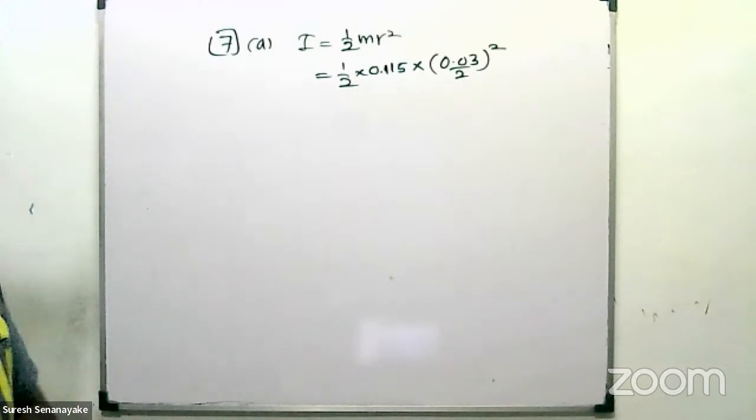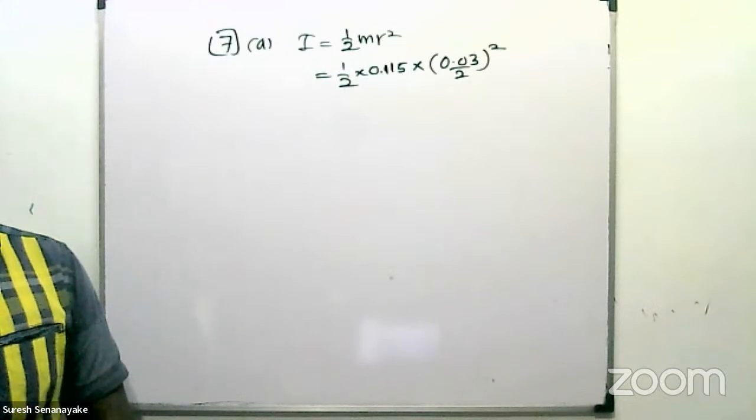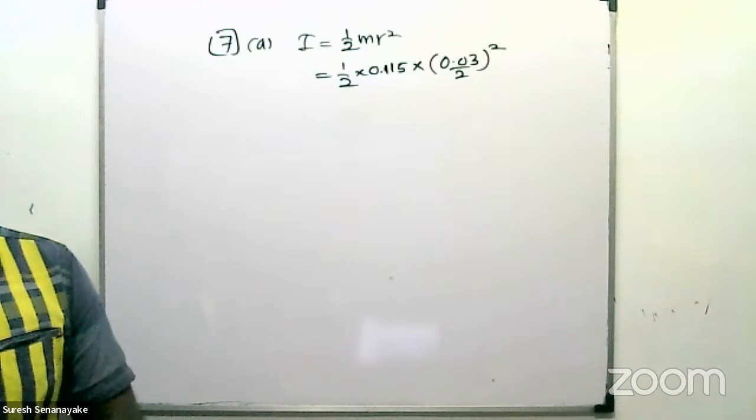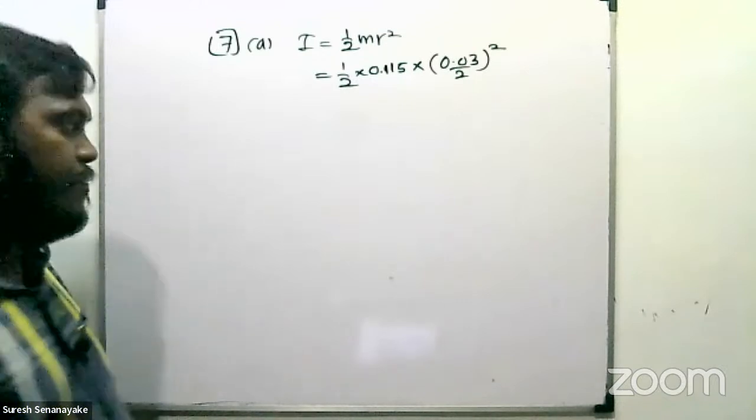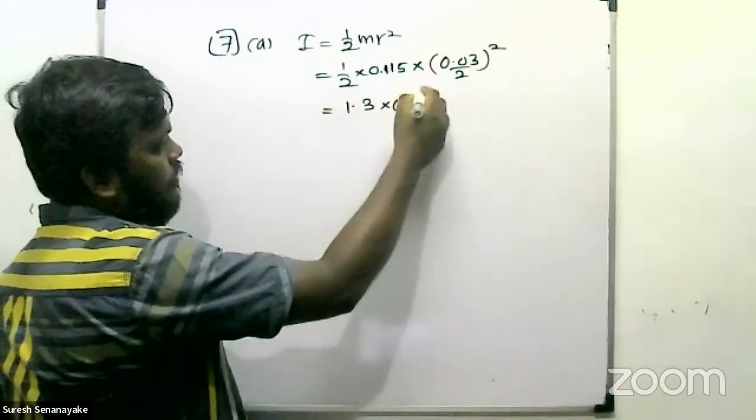That's 1.29375 into 10 to the minus 5, approximately 9.3 into 10 to the minus 5.